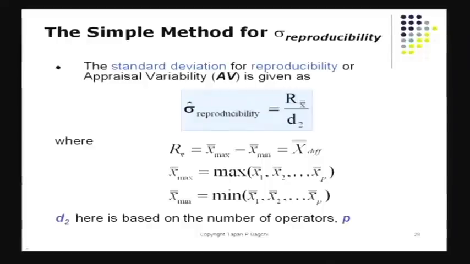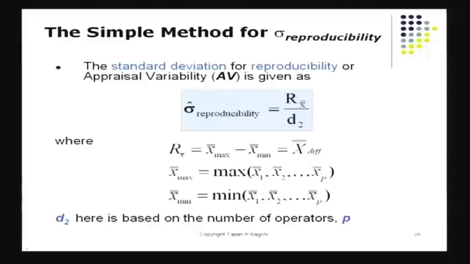One person using the same gauge will probably not introduce much of an error. That is captured under repeatability. But if multiple individuals use the same gauge and produce different readings, then it's an issue of reproducibility. People are not able to reproduce what somebody else did. I must have an idea of that also. So for that, I set up a table and I get different operators.